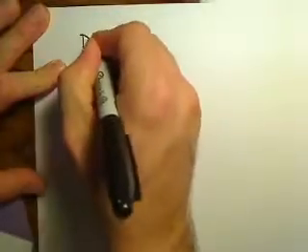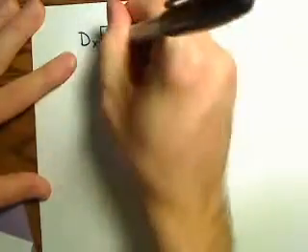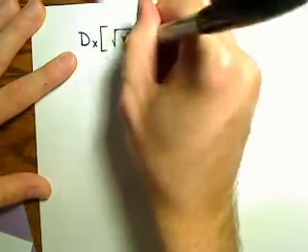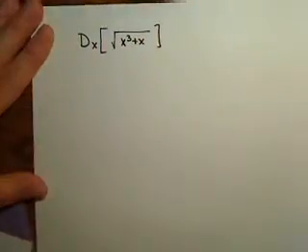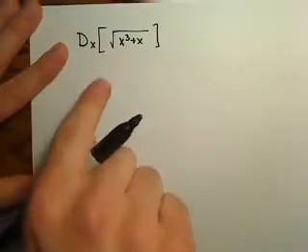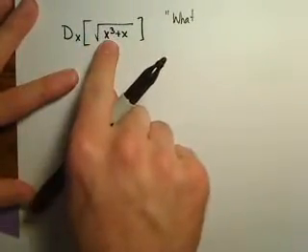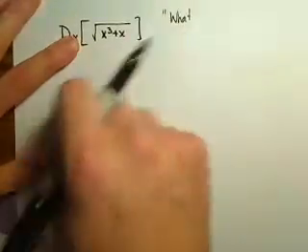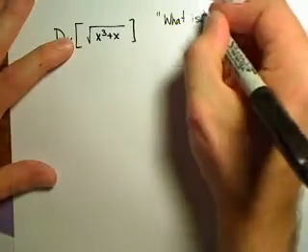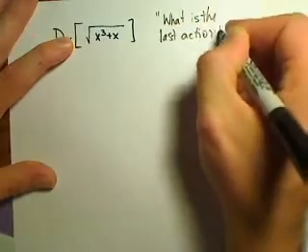So say we're trying to take the derivative of the function square root of x cubed plus x. The key feature here is to recognize what is the last thing that happened. If I were to substitute in for x to figure out a value for this function, what is the last action taken?